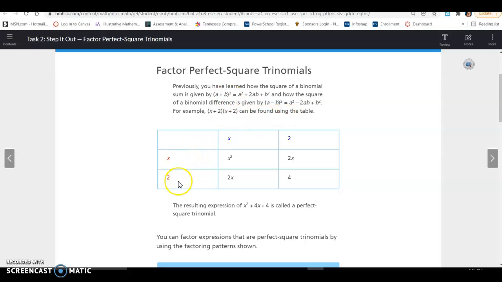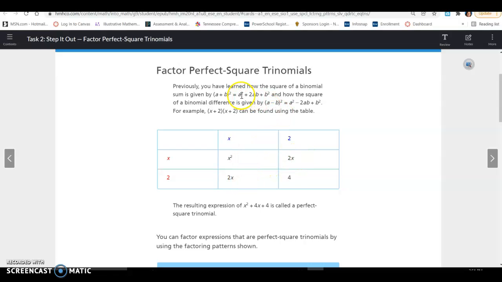So if you have (x + 2) times (x + 2), x times x is x squared, x times 2 is 2x, 2 times x is 2x, and 2 times 2 is plus 4. So you can see how these terms, unlike a difference of squares, don't cancel, and now you have 2 of them.